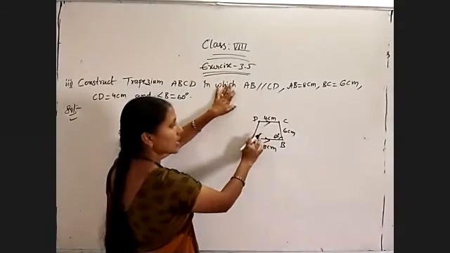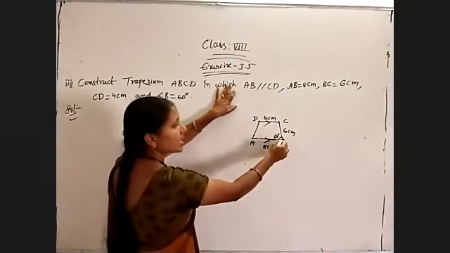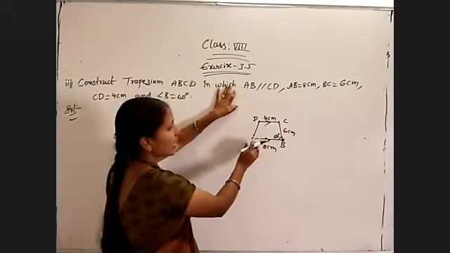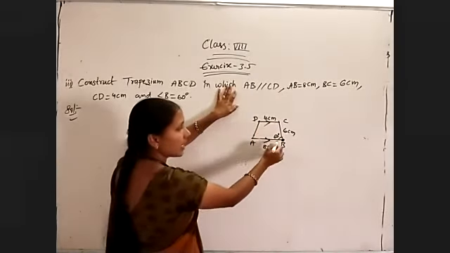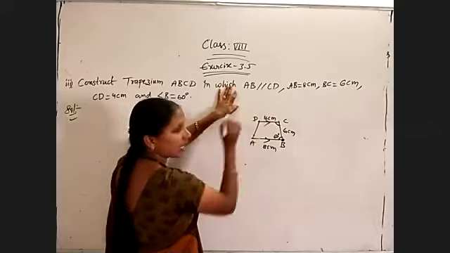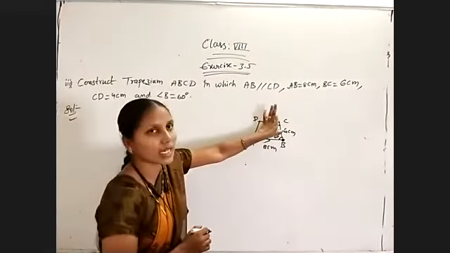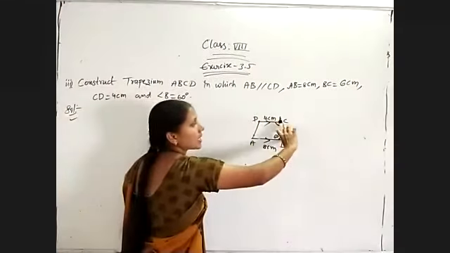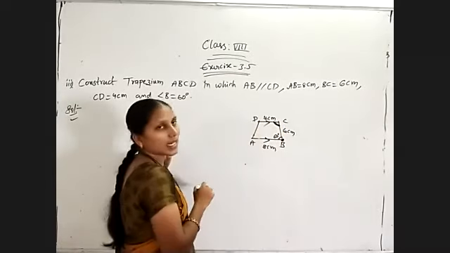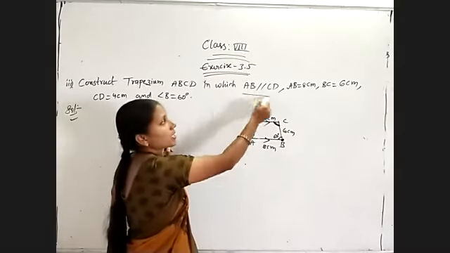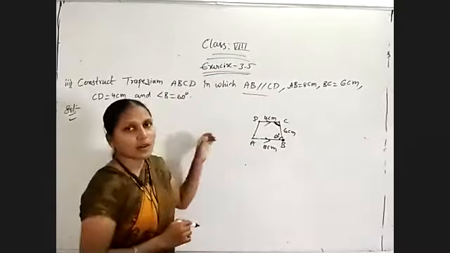We don't want this angle. For B, the adjacent angles are A and C. A, I am telling you not to take. So what will be the included angle? Angle C is included between these two sides, CD and BC. This angle we need. To get that angle, we must use the properties of parallel lines. When two lines are parallel, observe which angles these are.